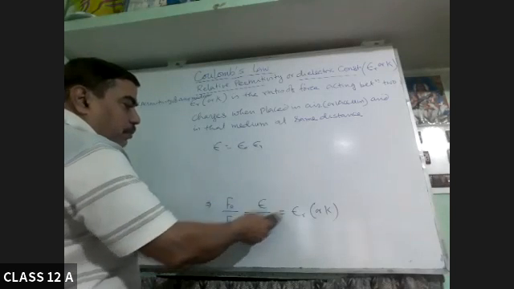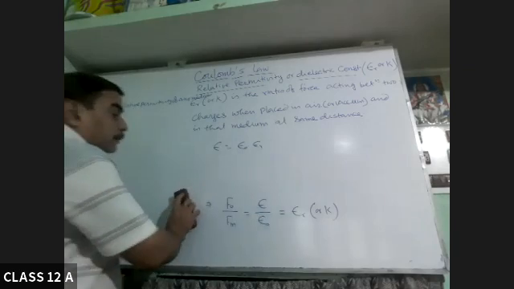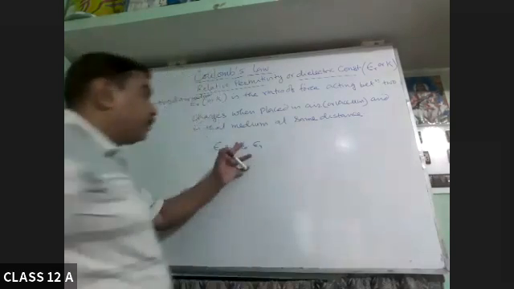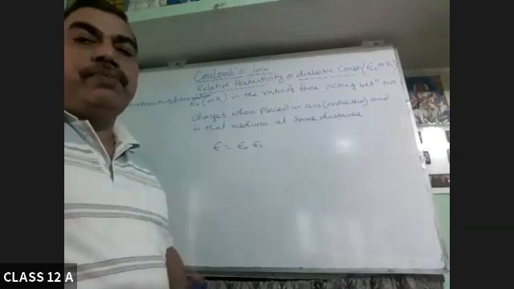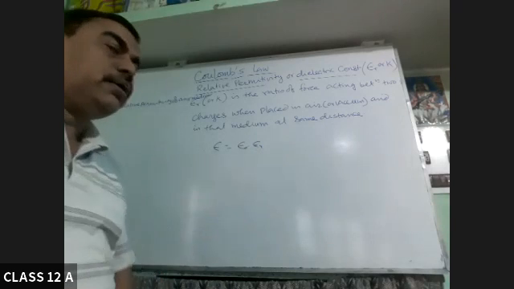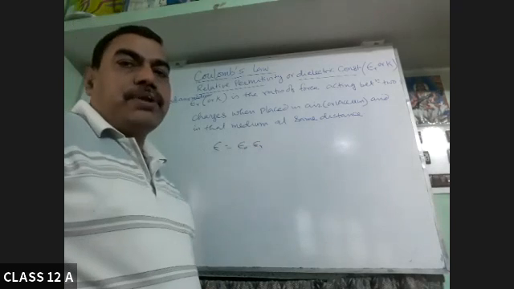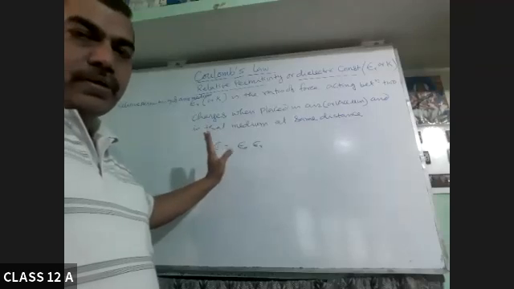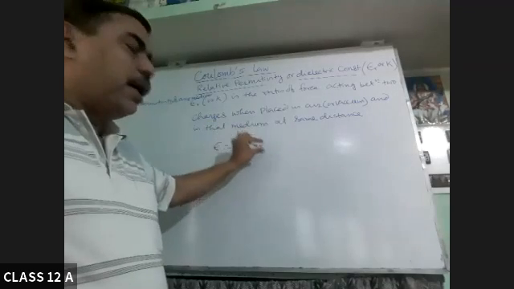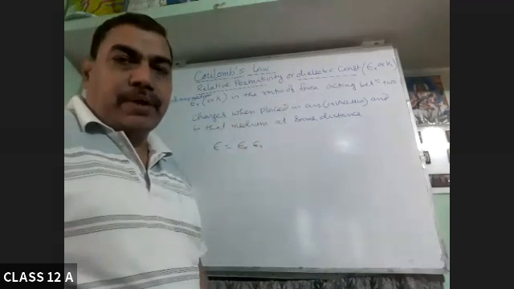The value of epsilon naught is fixed, so only this epsilon r will be given. That's why another term is defined here. Epsilon will not be given.